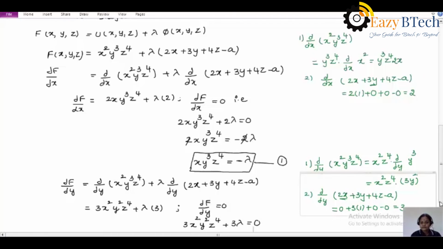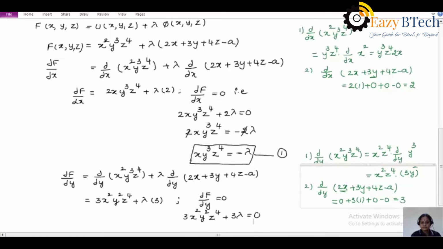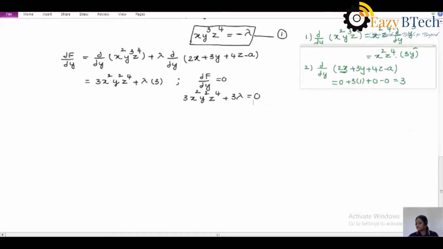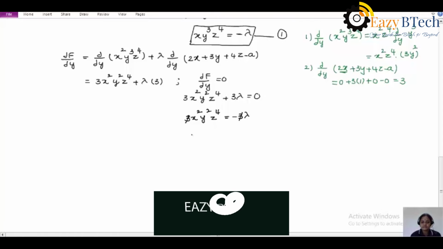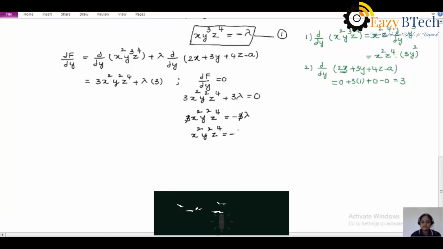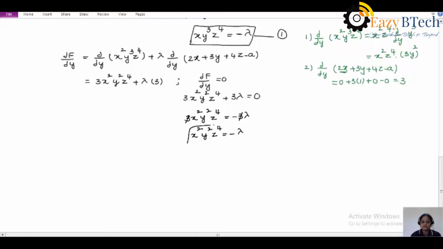Now we find again the Lagrange's multiplier value using this simplification. 3x square y square z power 4 is equal to −3λ. 3 will be cancelled. x square y square z power 4 is the value of −λ.